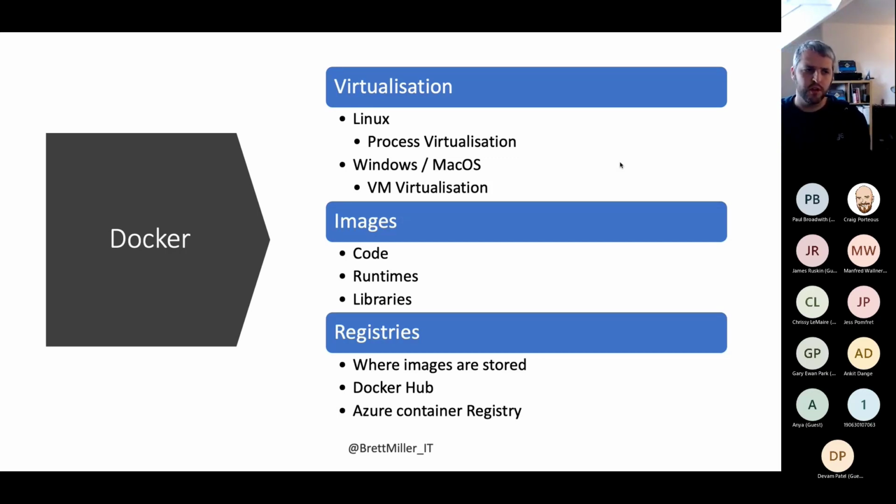You've got images, which are sort of the construct of the environment that you want to build. The image will contain the code you want to run, the runtimes, the libraries, the dependencies, everything that you need to run an environment. Registries are where those images live. So you think of it like a NuGet feed: you would push a package up to there, then you would consume that package.